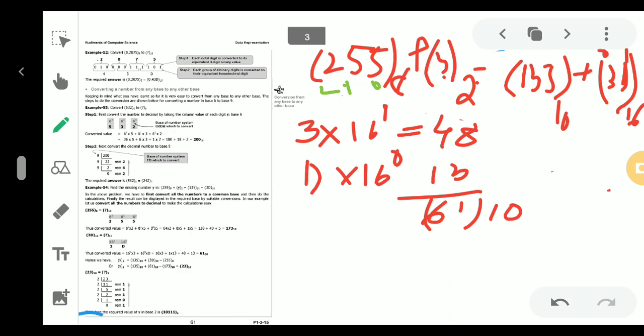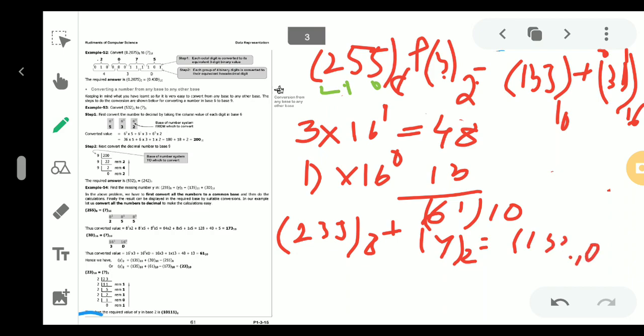So right now, the question is 255 base 8 plus y base 2 is equal to 135 base 10 plus 3D base 16.